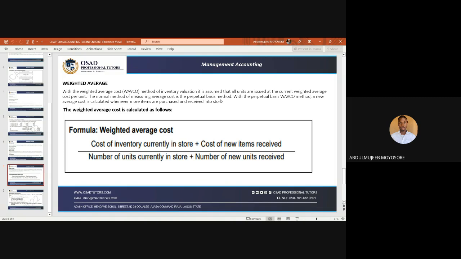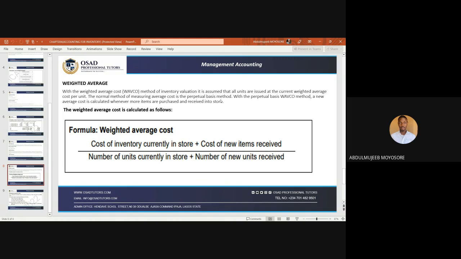Now, weighted average cost is the cost of inventory currently in store plus the cost of new items received. You received the first 500 at 250 naira. You receive the next 1,000 units at 800. You receive the next batch at 300, the next batch at 250.